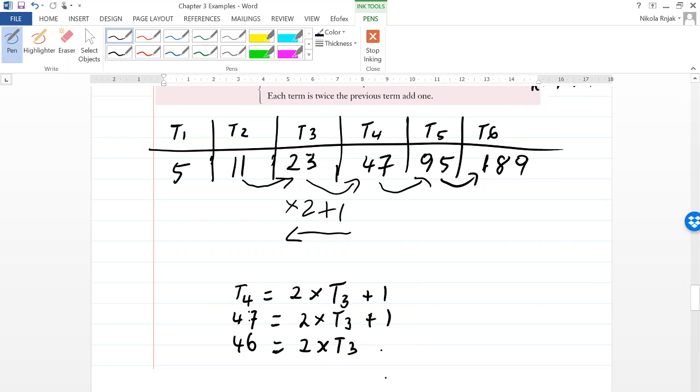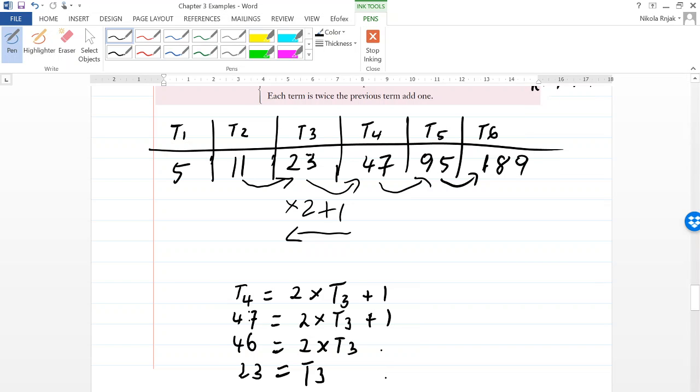And if we divided both sides by 2, you'd get 23 is equal to term 3. Okay, so you could set it out like this for the rest of it to find out what term 2 is and term 1, but it's probably easier just to think of this in a more logical way.